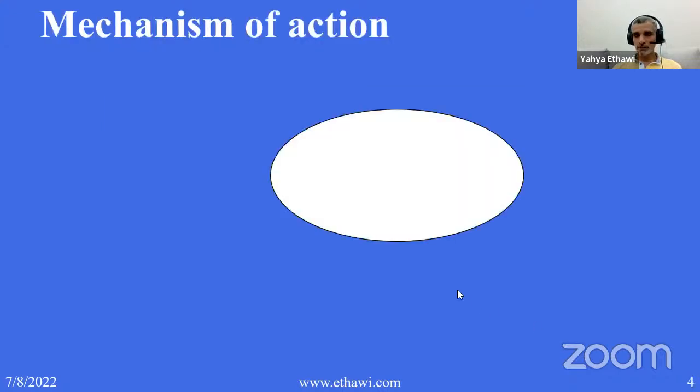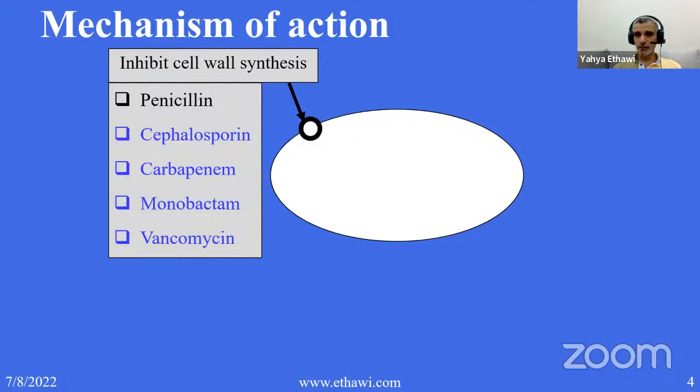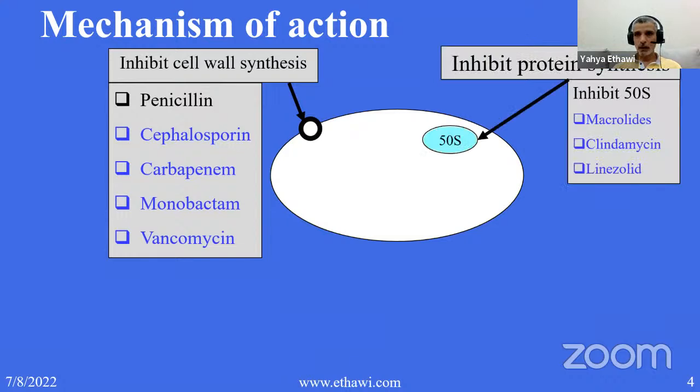So there are many ways that antimicrobials work. The first one is inhibit the synthesis of the cell wall. Example is penicillin, cephalosporin, carbapenem and monobactam and vancomycin. It also can inhibit the protein synthesis by inhibiting the 50S subunit.